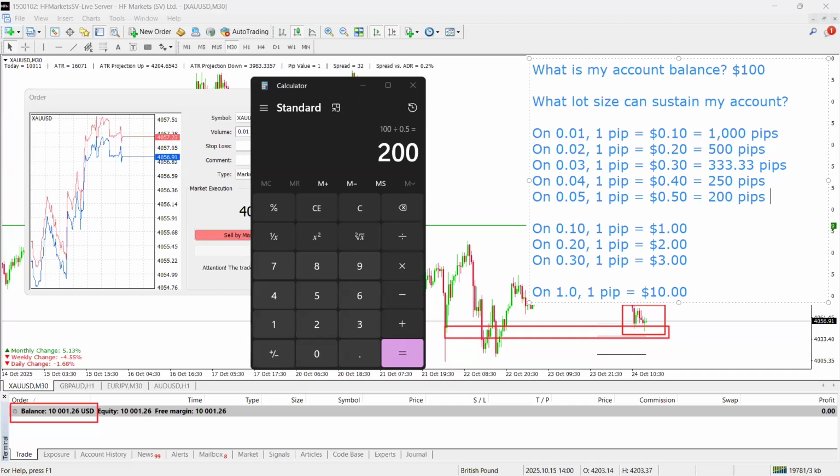It takes it to 500. Another slight increase to 0.03 takes it to 333. Another slight increase to 0.04 takes it to 250. Another slight increase to 0.05 takes it to 200 pips against you.